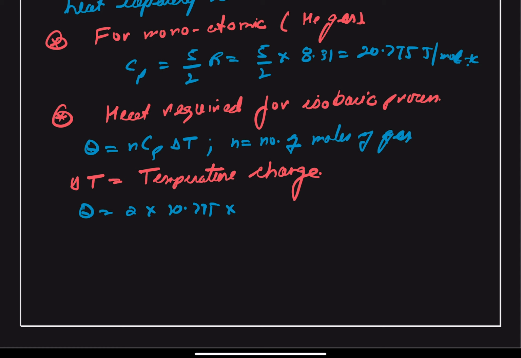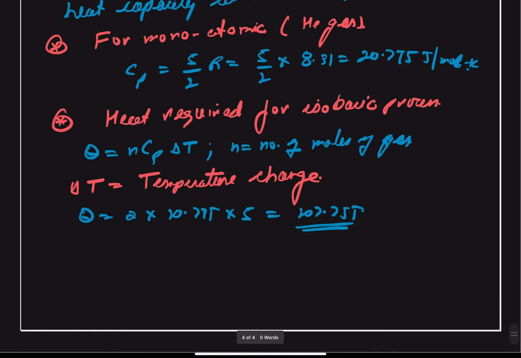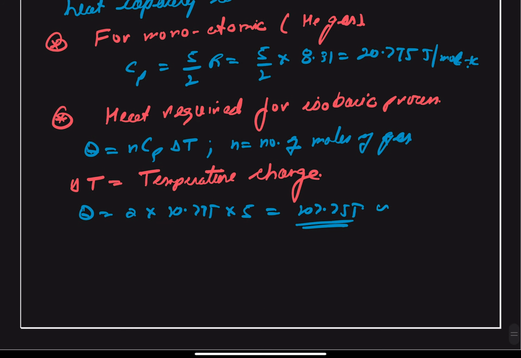When we solve this it comes to 207.75 joules, and the closest option is option D, that is 208 joules. So let me write it here, approximately 208 joules. So we can say option D is correct.